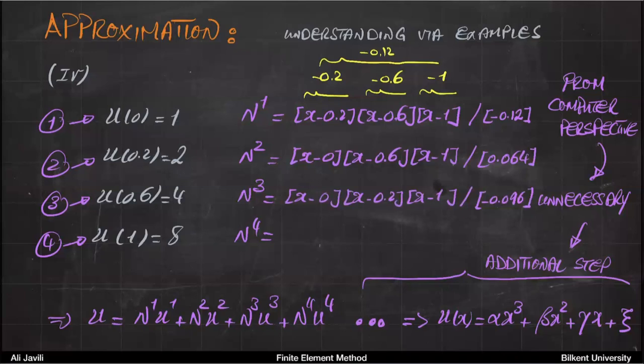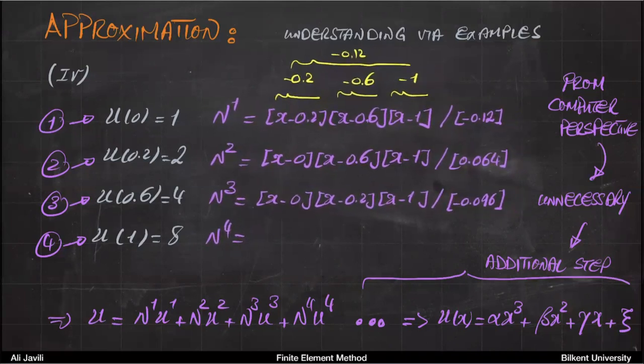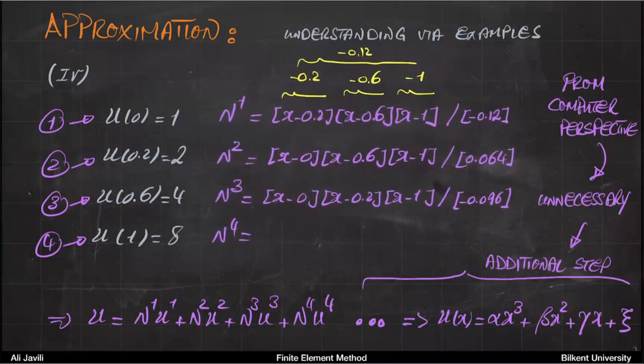And then finally, we do it for n4. Let me just make a little more space here. Okay. So if you do it for n4, then again, n4 is 0 at 0, 0.2, and 0.6.